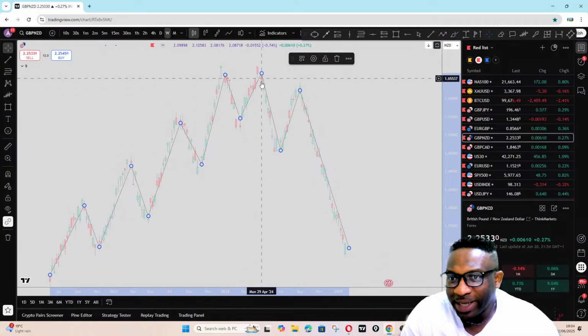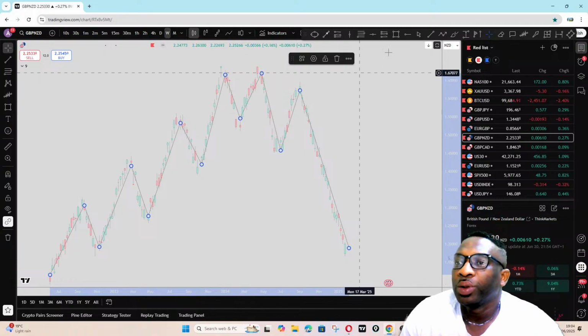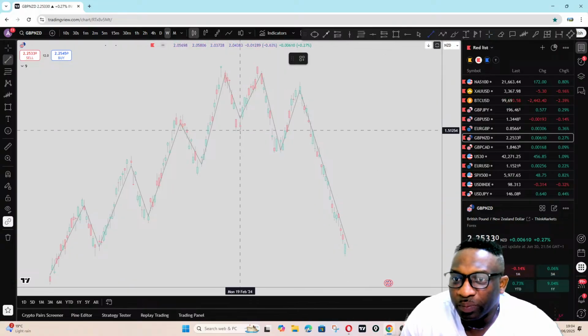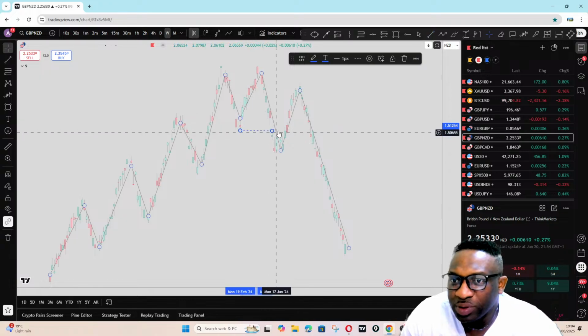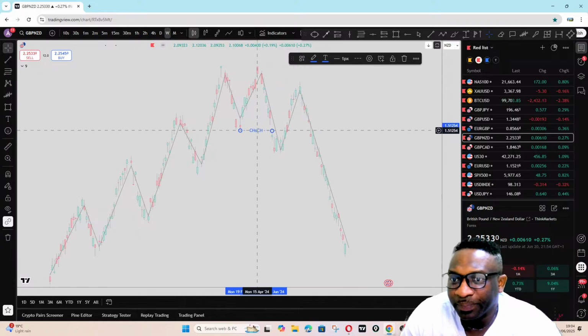Price traded below the previous higher low, causing a change of character.